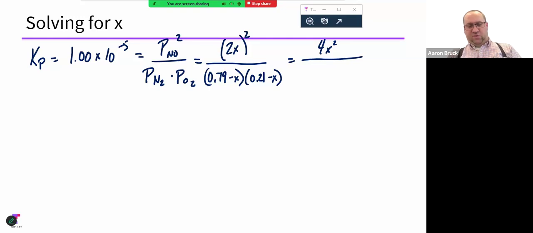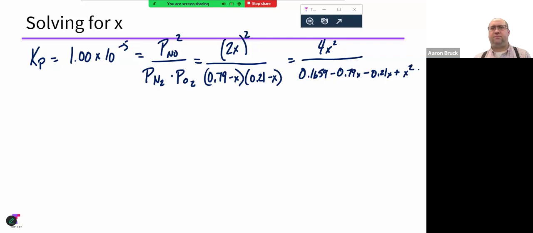0.79 times 0.21 is 0.1659, minus, or excuse me, times, so 0.79 times negative x, so 0.79x minus 0.21x plus x squared.